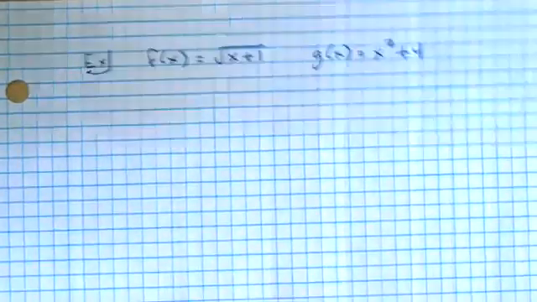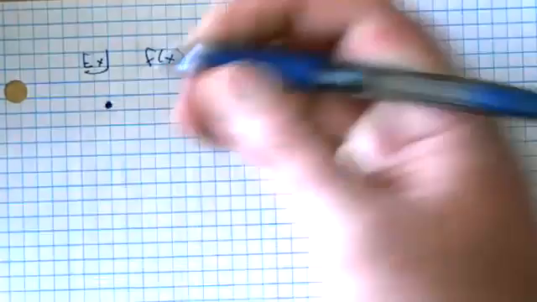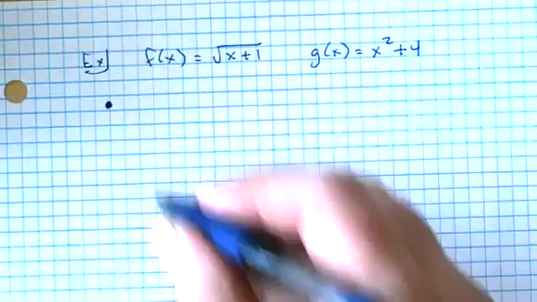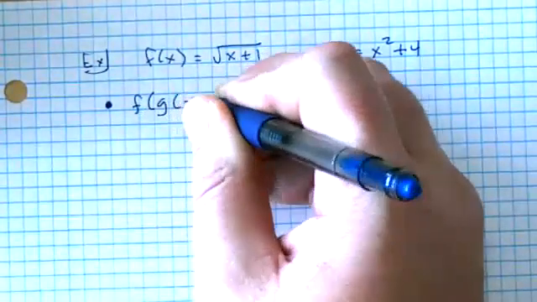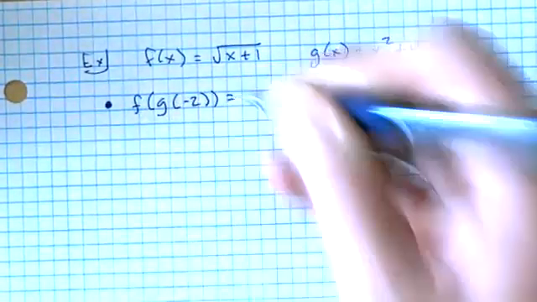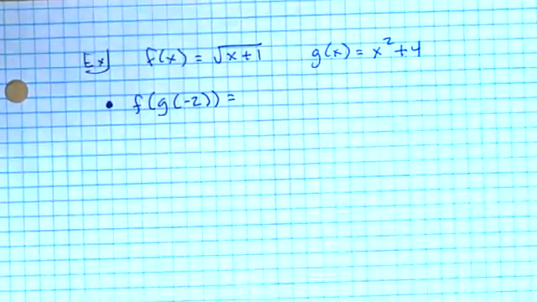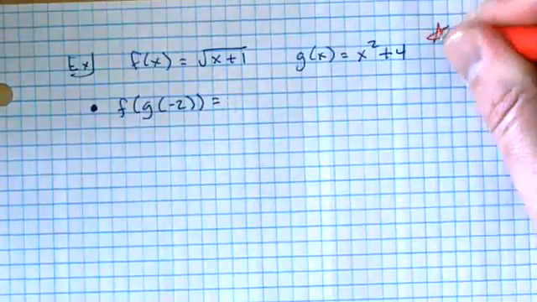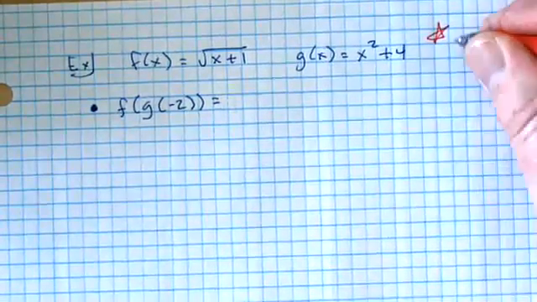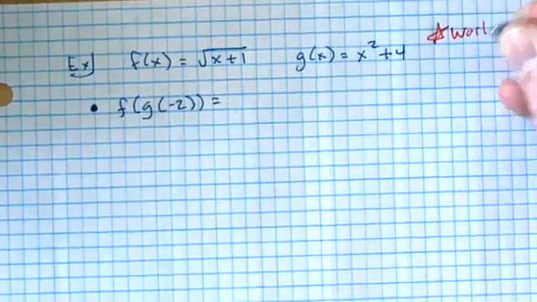So our first order of business is we are going to do f of g of negative 2. And the key to this, and I'm going to put this on my page, you may have already written this down, is that we want to work from the inside out.